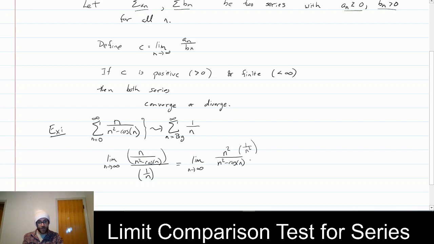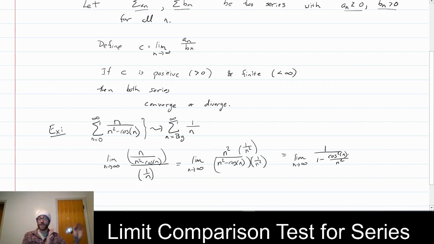So 1 over n squared. We'll take this whole thing and multiply it by 1 over n squared. What we end up getting is the limit as n goes to infinity of 1 over 1 minus cosine of n over n squared.